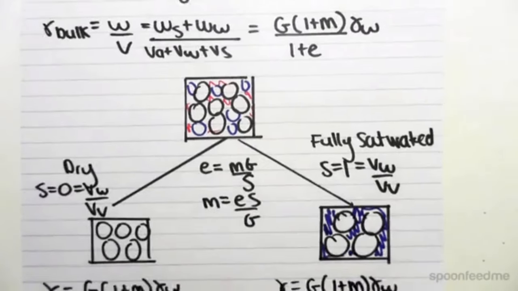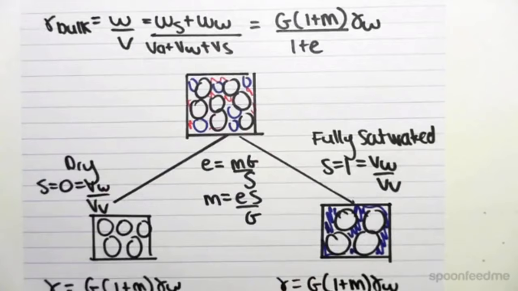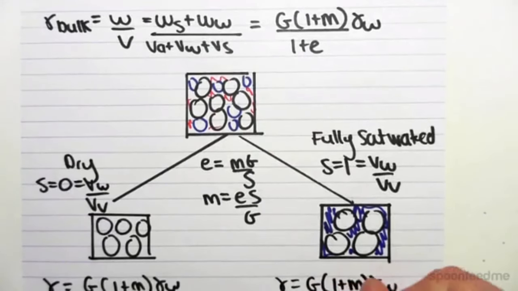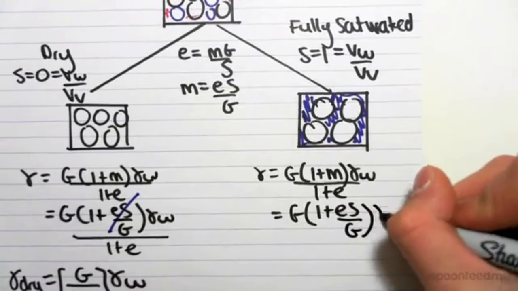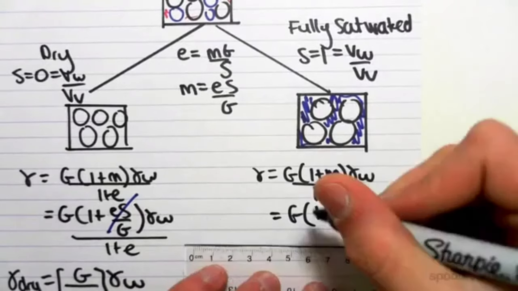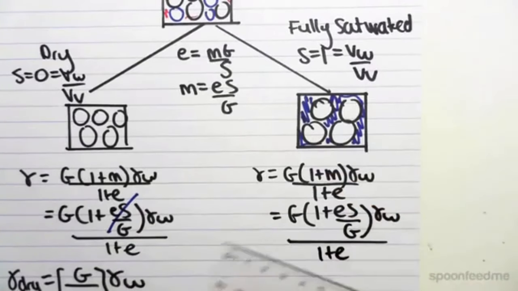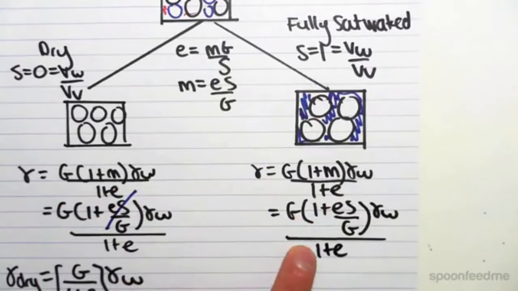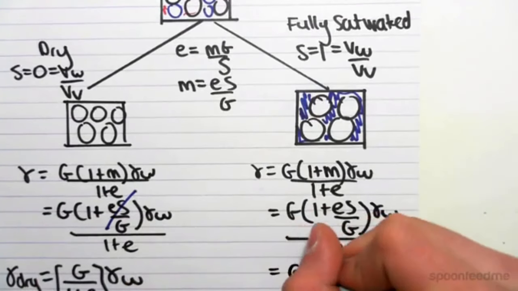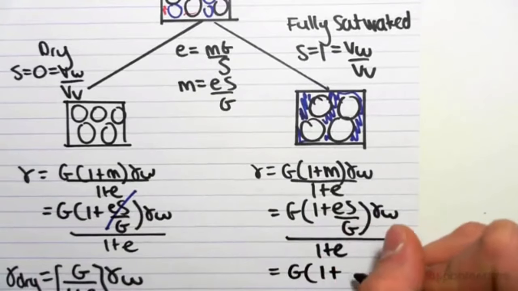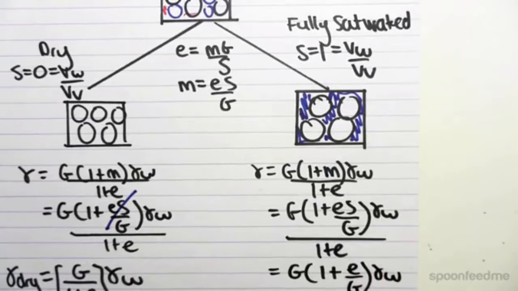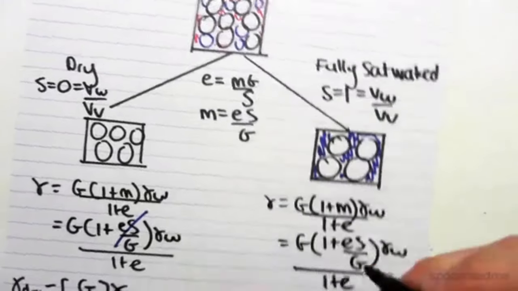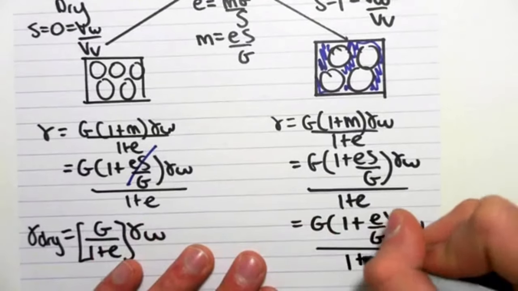So this is the general formula, gamma bulk at any point. But now we have a specific condition. I'm just going to substitute in eS on G for m, just like I did before: G times 1 plus eS on G, gamma W on 1 plus e. But now our S equals 1, so I substitute that in. We get G times 1 plus e on G, gamma W on 1 plus e.